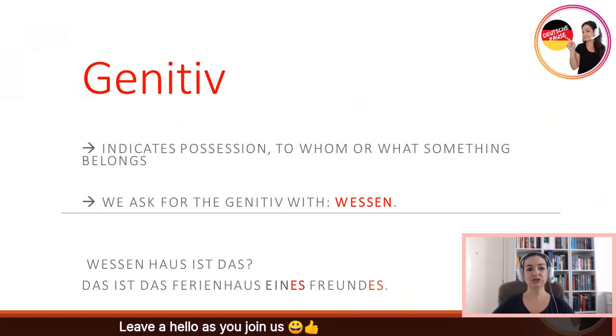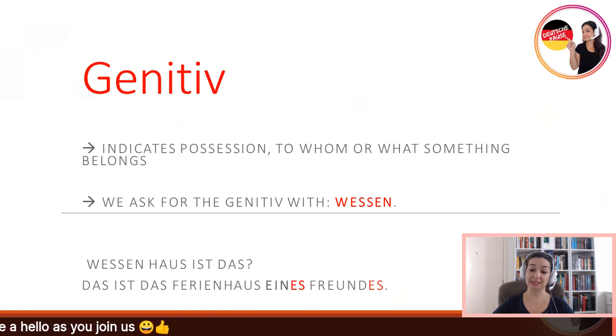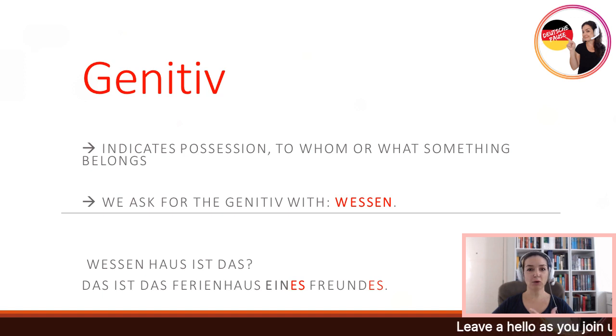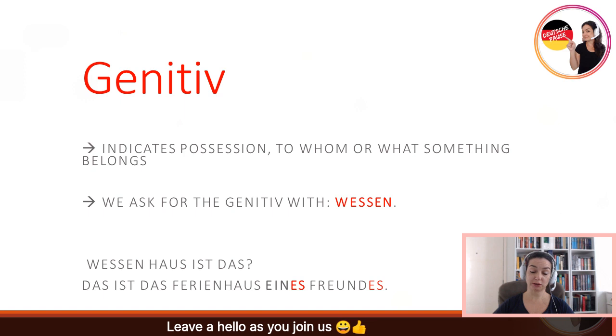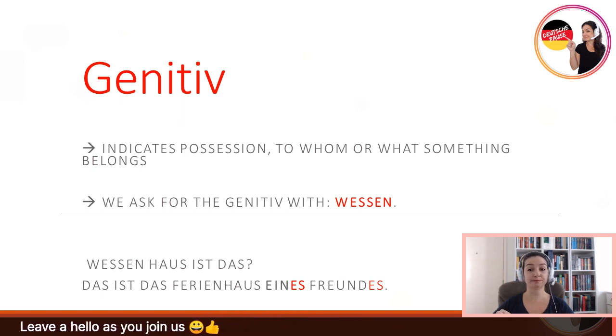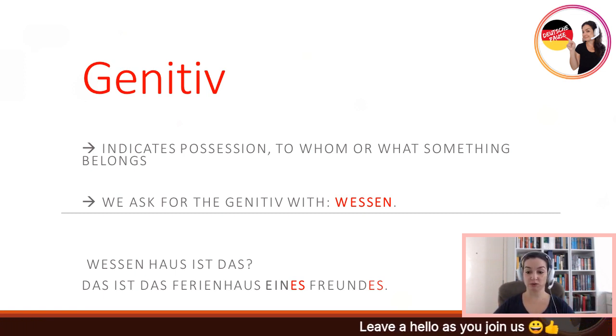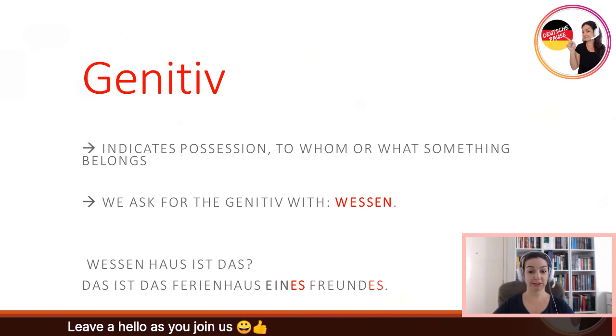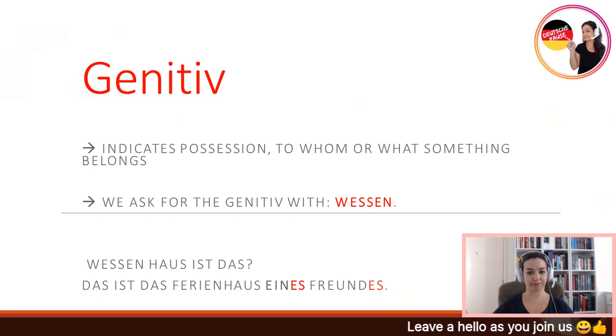This is also something that differentiates the genitive from accusative or dative. If you already learned them, you will remember that accusative and dative have some verbs that require them, right?